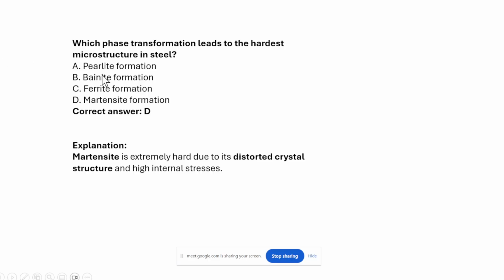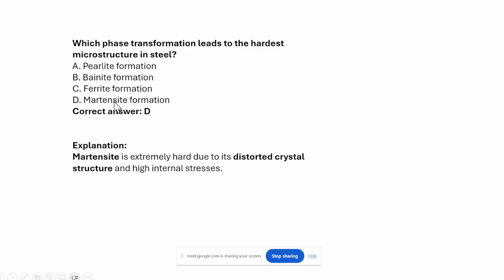Pearlitic means a proper crystal structure is formed, so there are not that many defect regions which can obstruct the moving of the dislocations. So the fastest cooling rate is the answer, and that will be the martensitic phase.